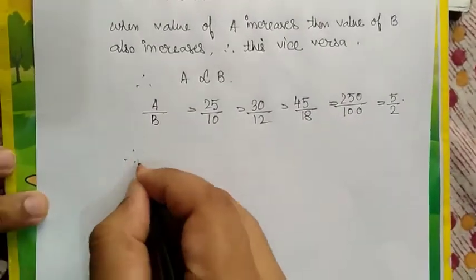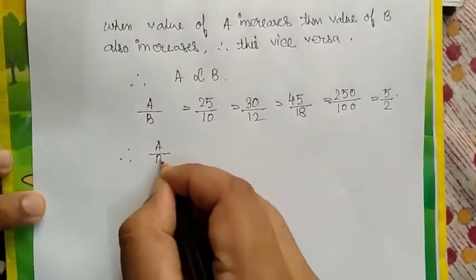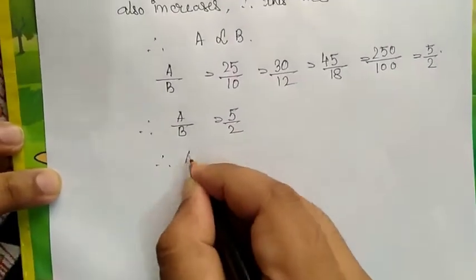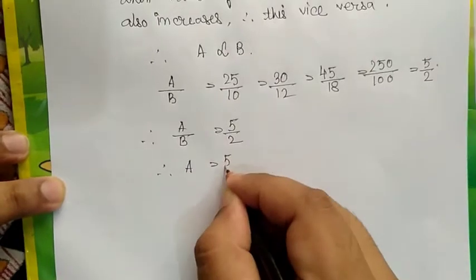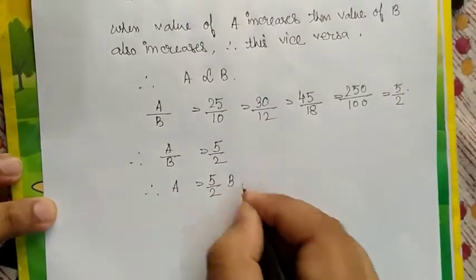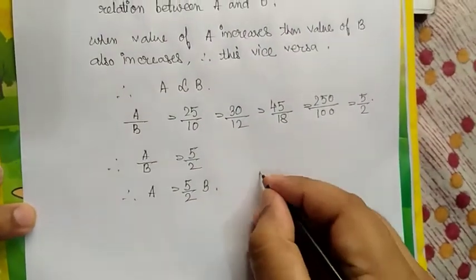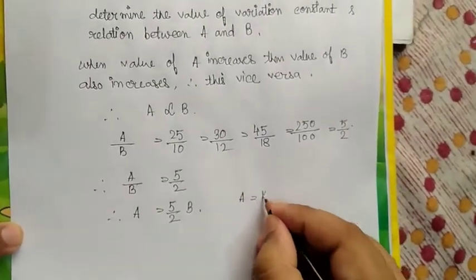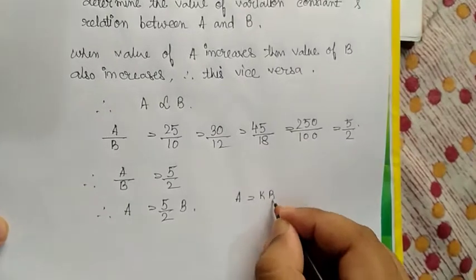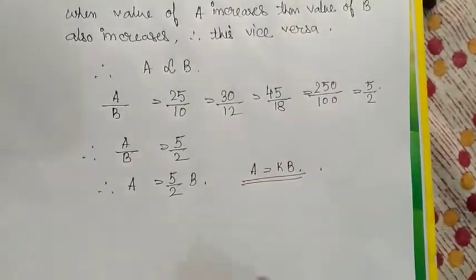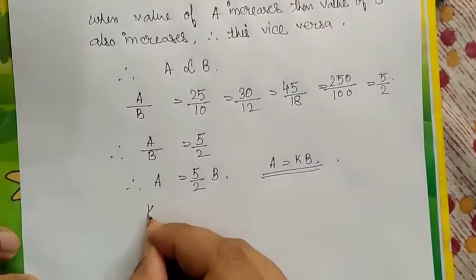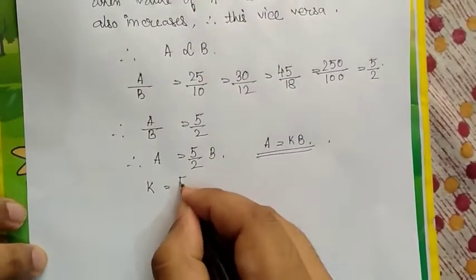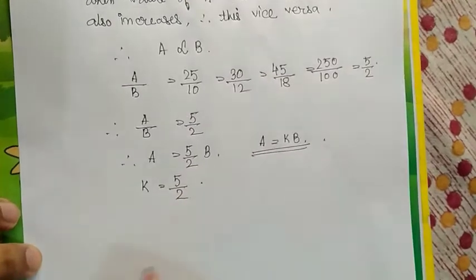So therefore a by b equal to 5 by 2. Therefore a equal to 5 by 2 into b. Now in simple variation we know the formula can be written in this procedure. So the value of the variation constant k here is 5 by 2.